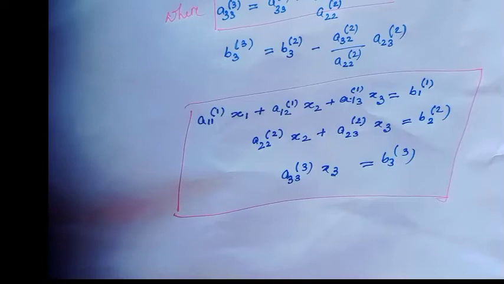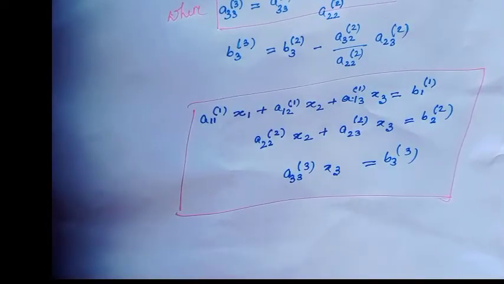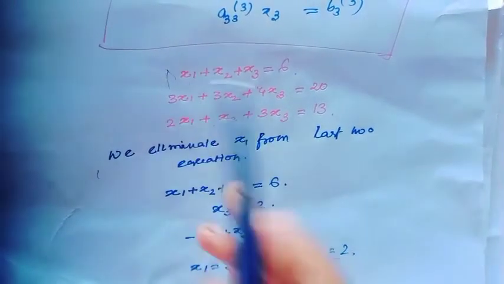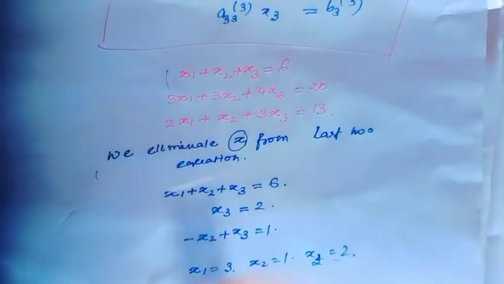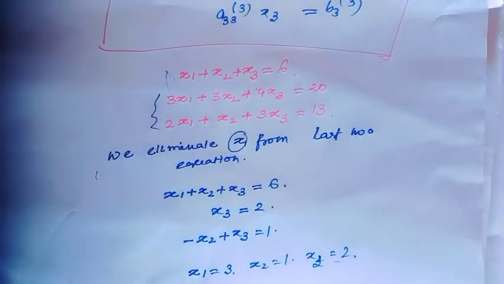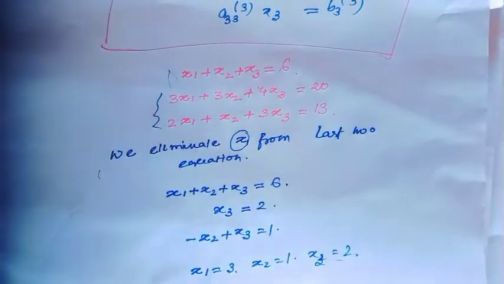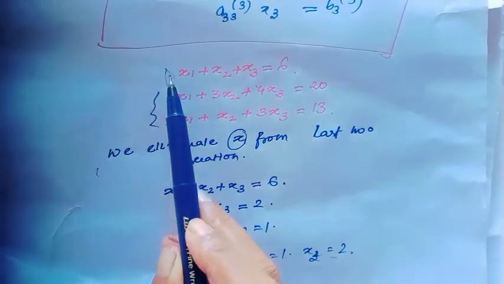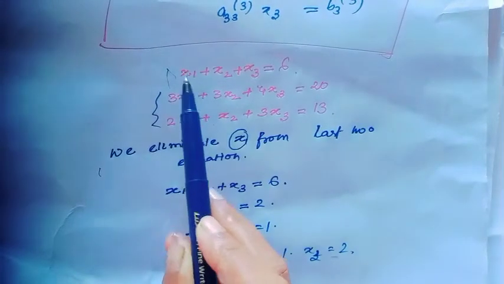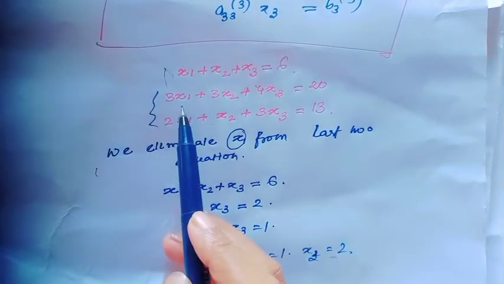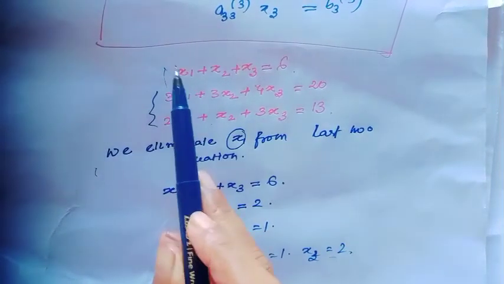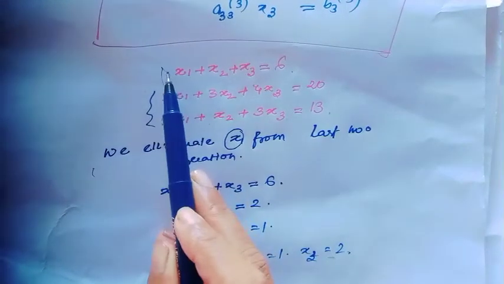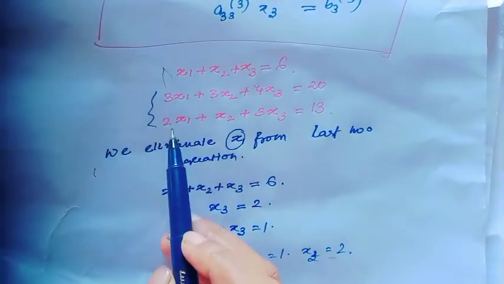Have you understood this? As an example, consider this system and at first eliminate x1 from the last two equations. That means multiply equation 1 by 3 and subtract from equation 2, and then multiply equation 1 by 2 and subtract from equation 3.